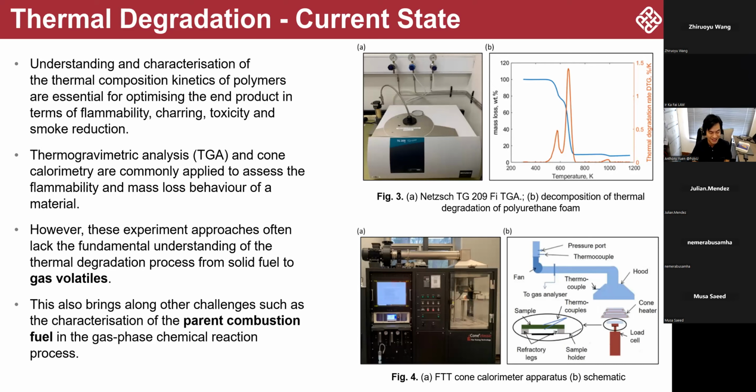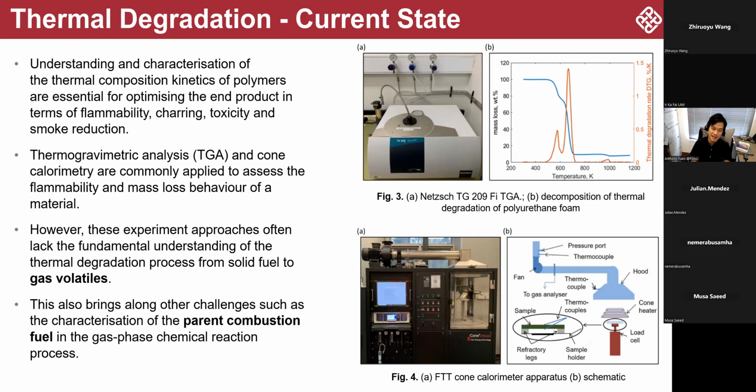So it's a researcher's dream, especially for fire safety researchers, to have all these always available at your hand. Because with these, you can always get the most fundamental information of thermal degradation for your materials, whether it's flame retardant or non-flame retardant.